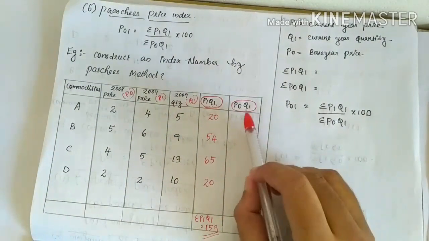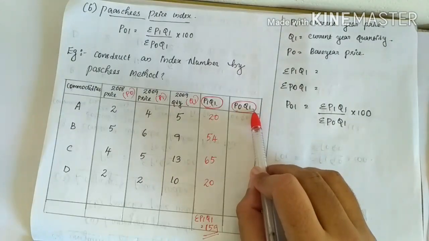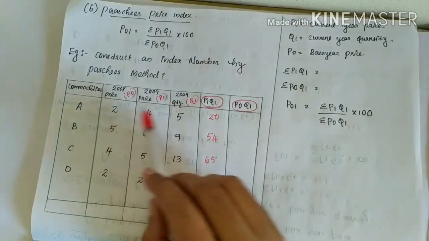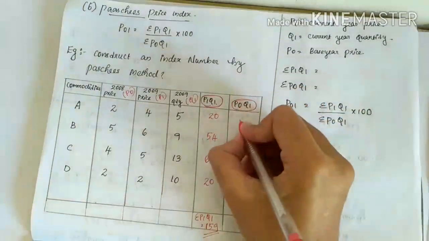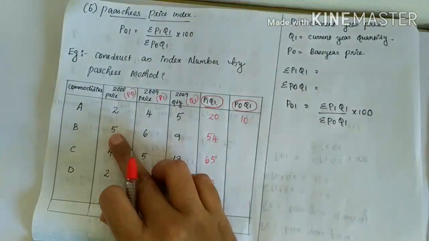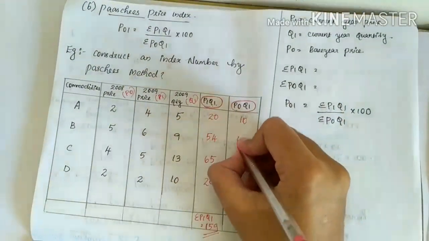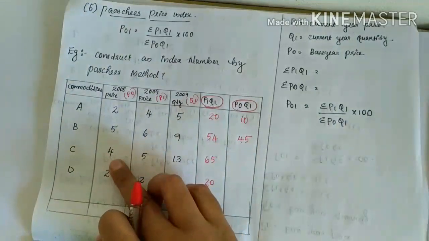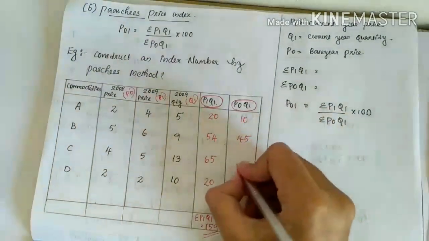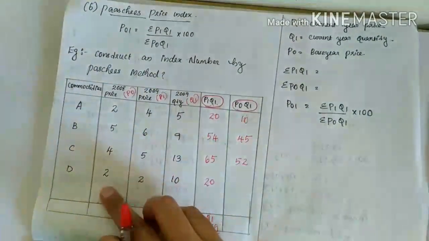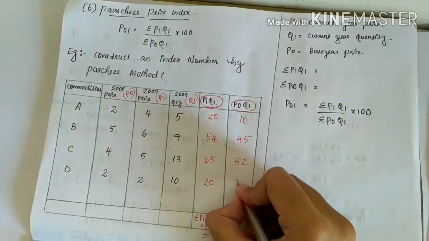Then the next one is to calculate P0 into Q1. Here, 2 into 5, that is 10. Then 5 into 9 is 45. Then 4 into 13 is 52. Then 2 into 10 is 20.